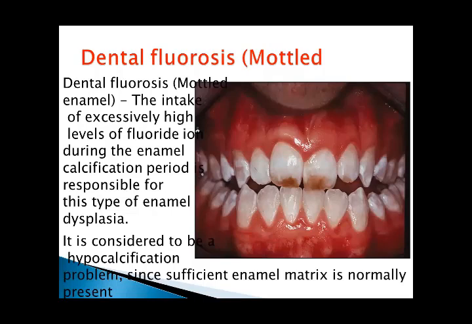Dental fluorosis, or mottled enamel. The intake of excessively high levels of fluoride during the enamel calcification period is responsible for this type of enamel dysplasia. It is considered to be a hypocalcification problem since sufficient enamel matrix is normally present.